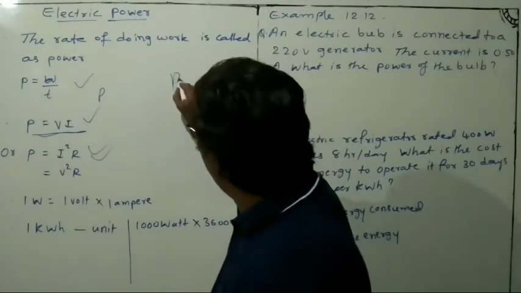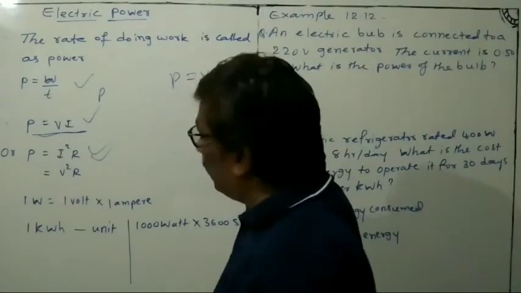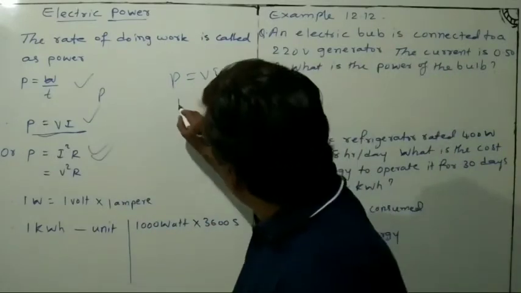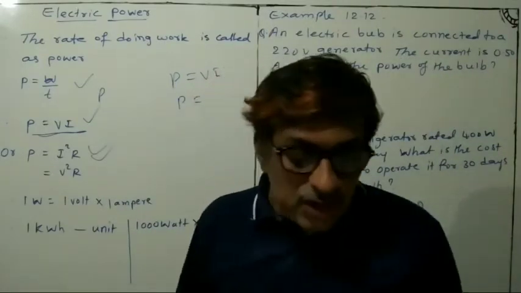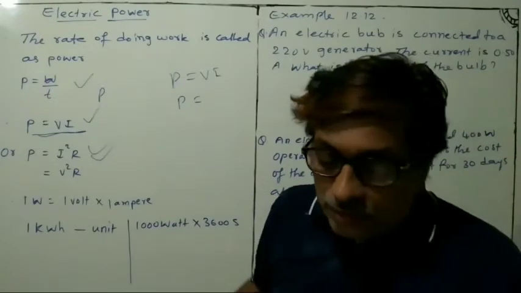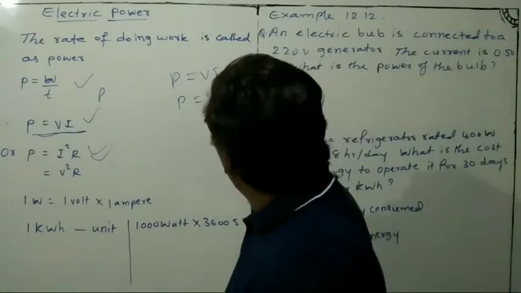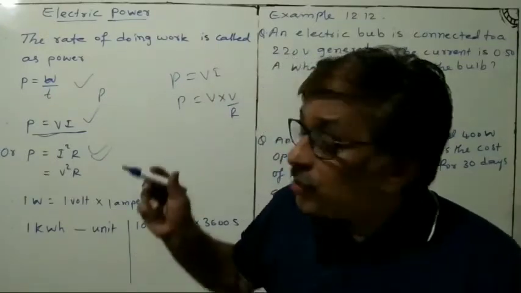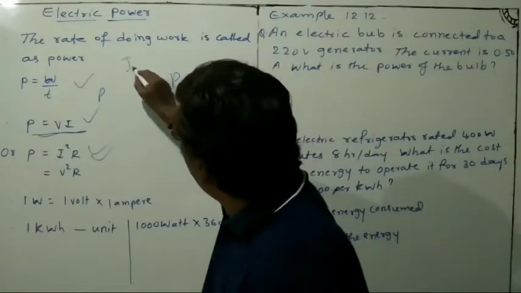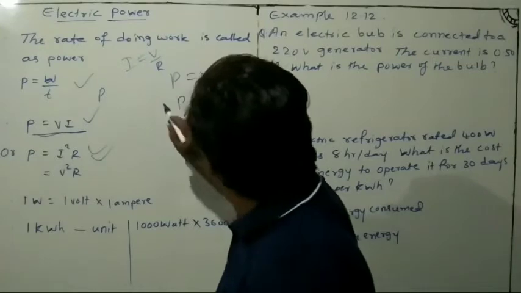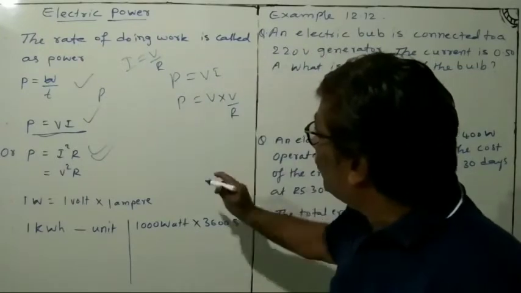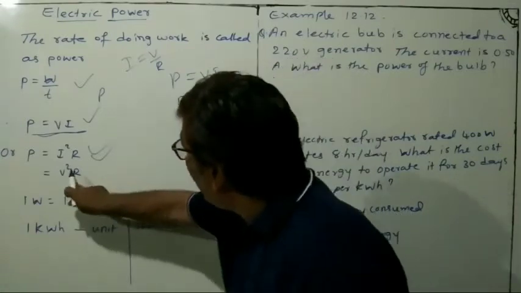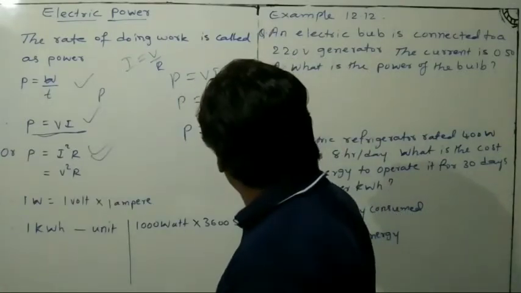You can write P is equal to V multiplied by V upon R, because I is equal to V upon R, which you already learned. Therefore P is equal to V square upon R.